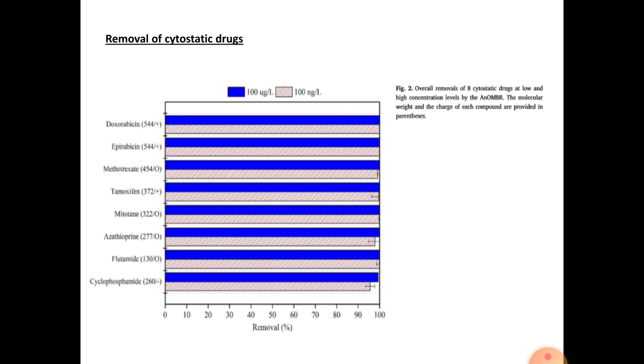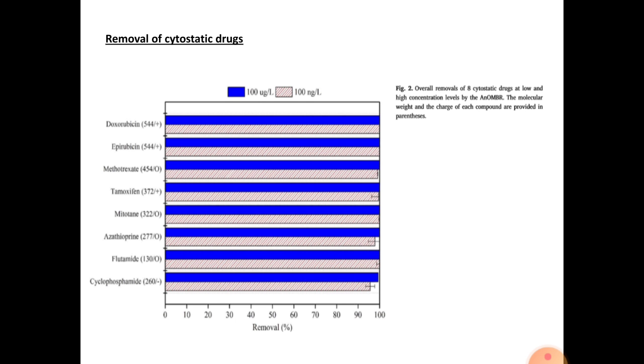This higher removal by the forward osmosis membrane is because the small molecular weight cytostatic drugs can be retained by the forward osmosis membrane, whereas they leak through the porous ultrafiltration and microfiltration membranes used in conventional membranes.